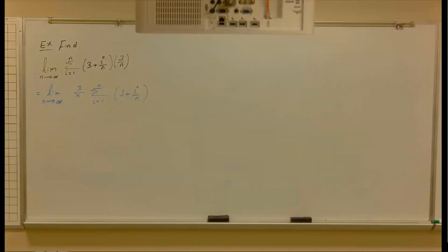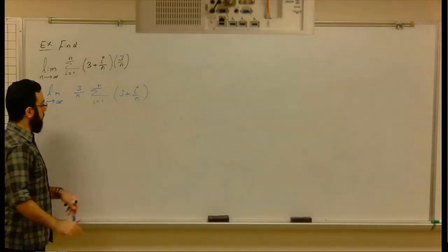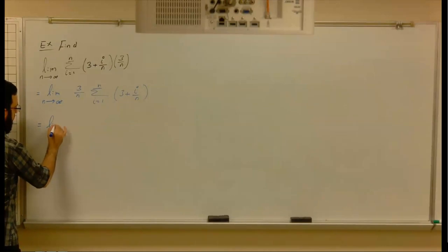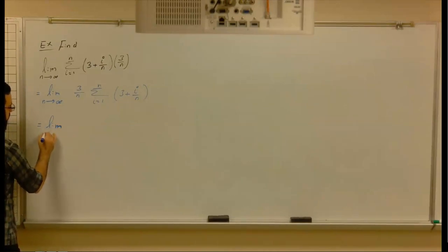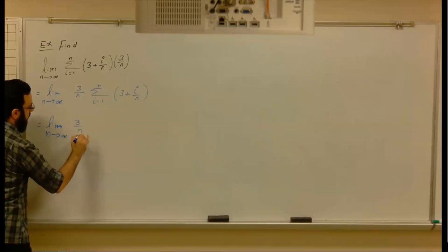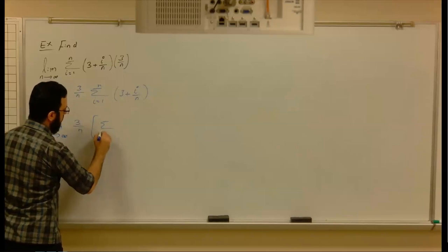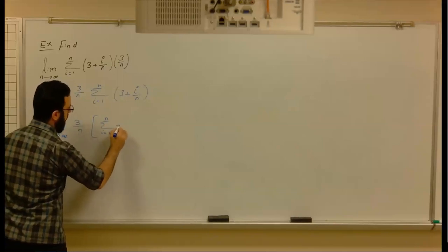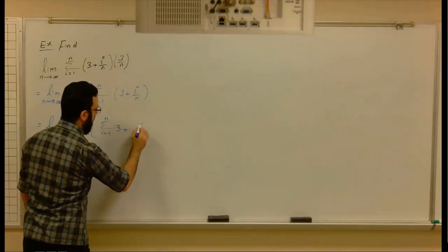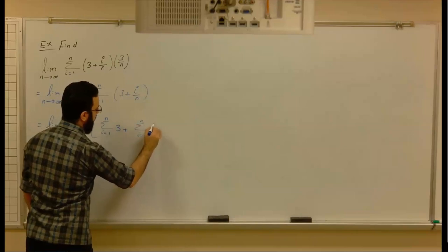Now I have addition between two terms. Can I say it's the summation for this one plus the summation for the second one? That means it's equal to the limit as n goes to infinity of 3 over n times the summation from i equals 1 to n of 3, plus the summation from i equals 1 to n of i over n.